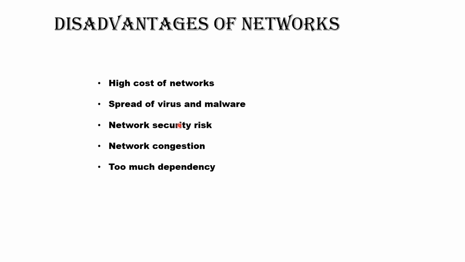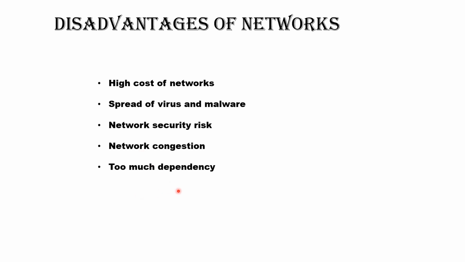This comes with the network having a lot of devices connected to it, and it slows down the network, making it congested. It can be unreliable, it can be slow. So yeah, that's a disadvantage of a network, because when there's congestion, it becomes unreliable.